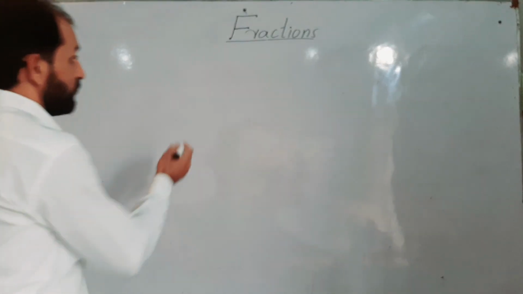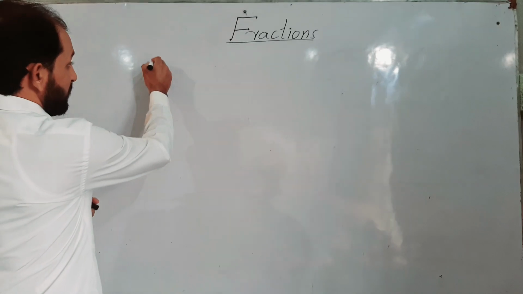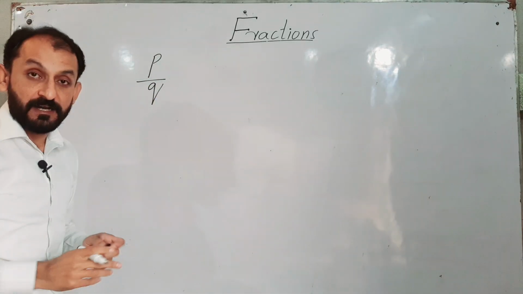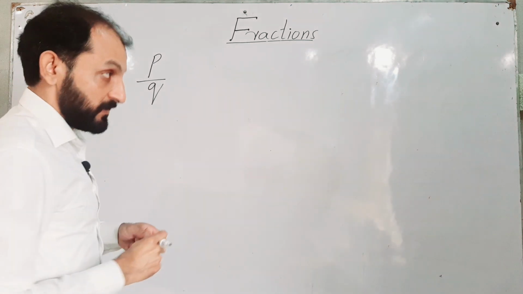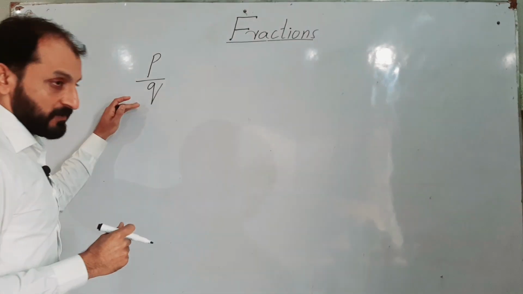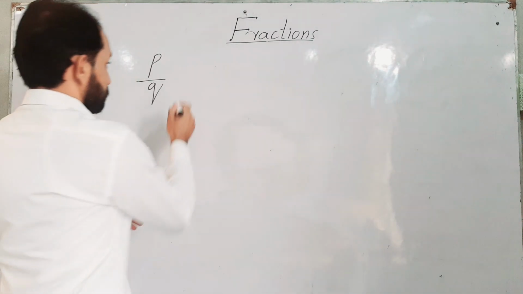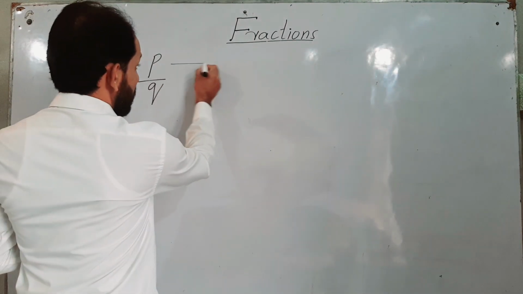The definition of a fraction is: any number that can be written in p by q form is called a fraction. Fractions have two parts.